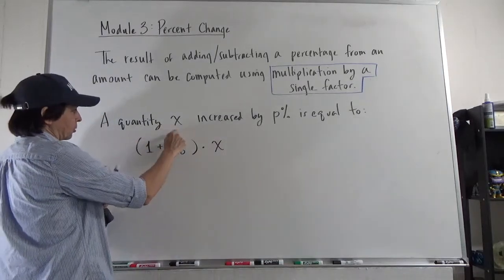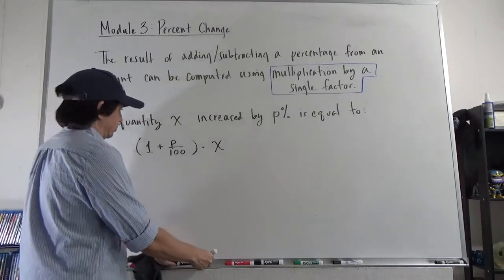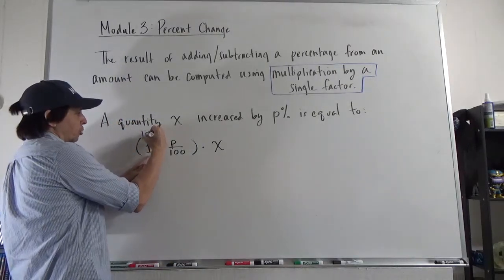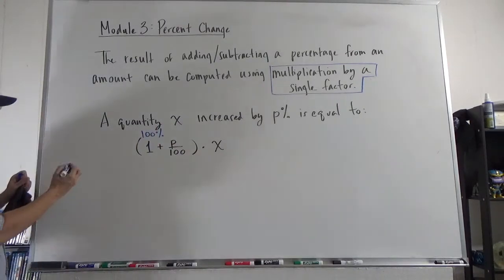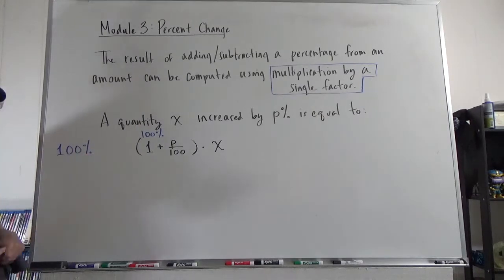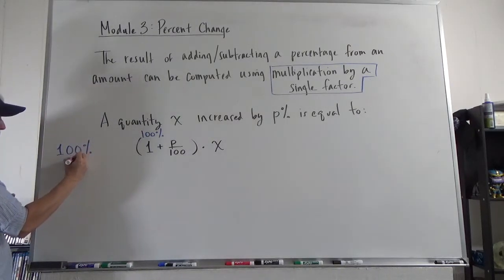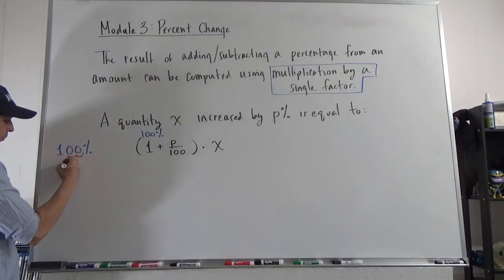Leave a little space here, because I'm going to write something on there. I'll write it now. The 1 represents 100%. Side note, you don't have to write this down, but just to be clear, when you have 100% of something, and you want to convert to the decimal form of 100%, you move the decimal point 2 places to the left as usual, as we've always done, and you get 1.00.